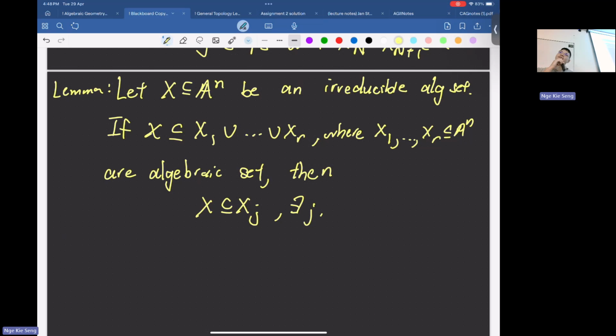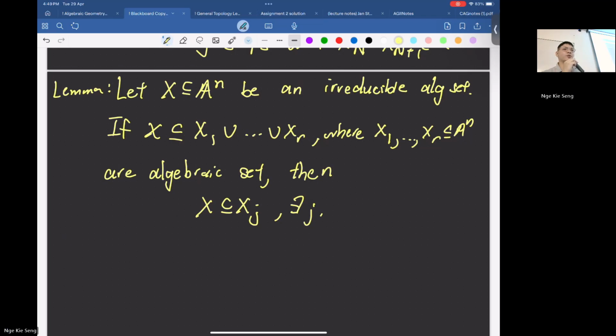You can think about how to prove it. It's a topological statement, a topological property here, not about algebraic geometry. If it lives in more than one, irreducible means what?